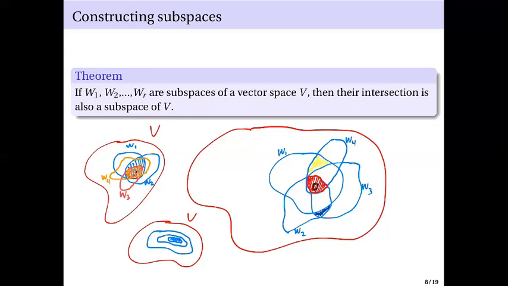So the intersection is within multiple subspaces. Yes, it could be within multiple subspaces. In fact, if you have defined your subspaces, it must be inside those multiple subspaces. Okay, thank you.